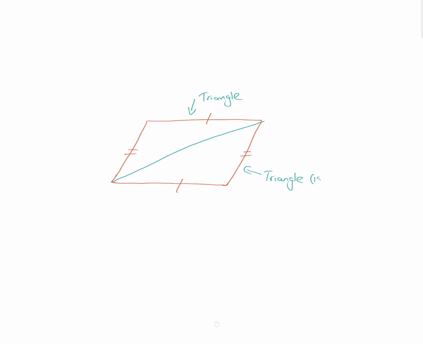They add up to 180 degrees, the three angles of a triangle. So for example, if we have angle A, angle B, and angle C, if we add up A plus B plus C, you have to get 180 degrees. Okay?